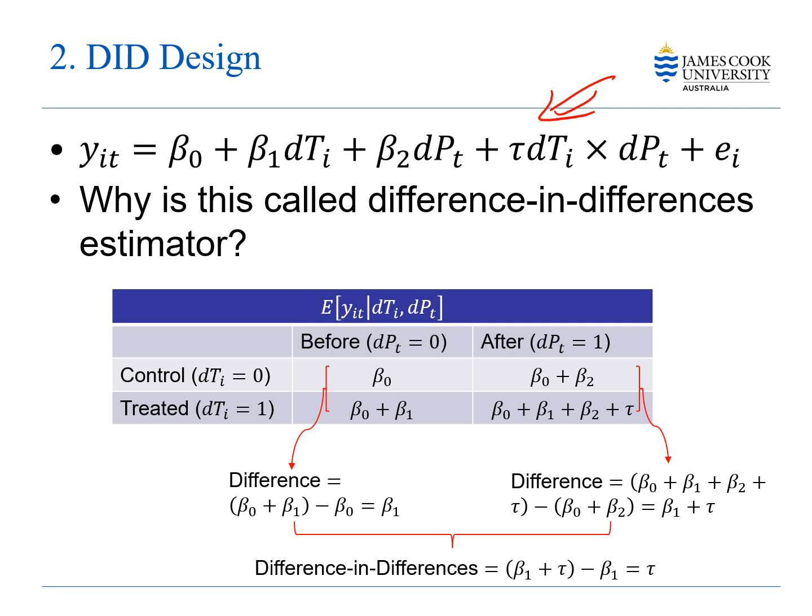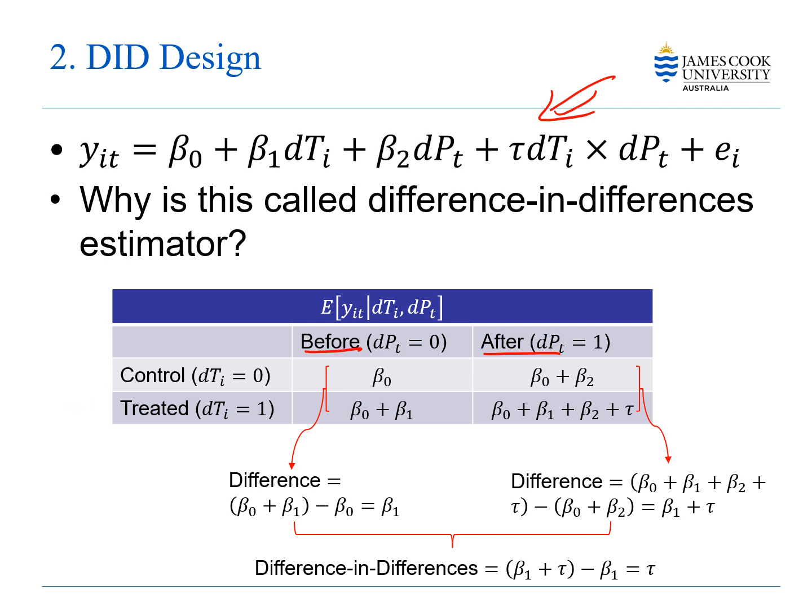Why? Okay, let's look at the conditional expected value of y, conditional on dt and dp. We can separate into four possible situations: before the policy and after the policy, and the control group and the treated group.